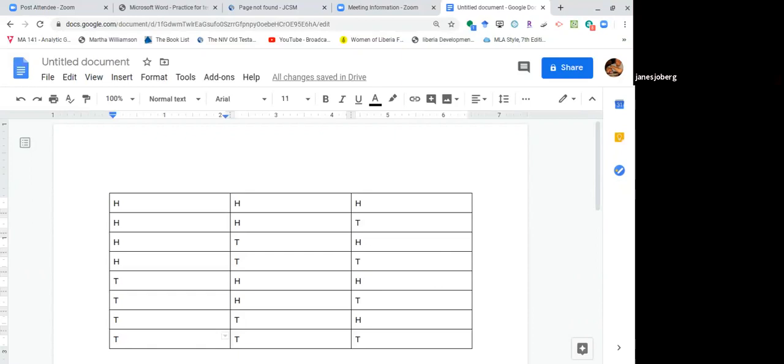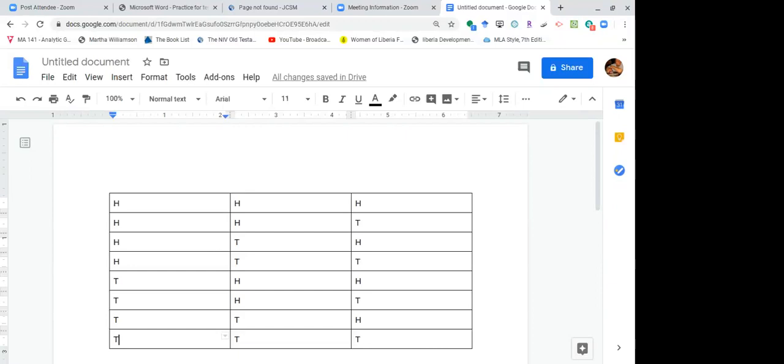Line 4 has 2 T's. Line 5, 6 has a T, H, T, so that's 2 T's. And the line below it has T and T. So those are exactly 2. So 3 divided by the total number of combinations, which is 8, is 0.375.